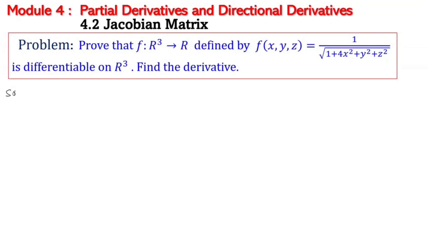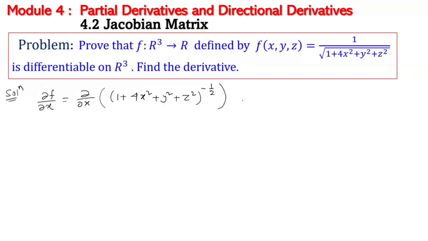So first we'll calculate the partial derivatives of this function. So ∂f/∂x is equal to ∂/∂x of (1 + 4x² + y² + z²) to the power minus half.